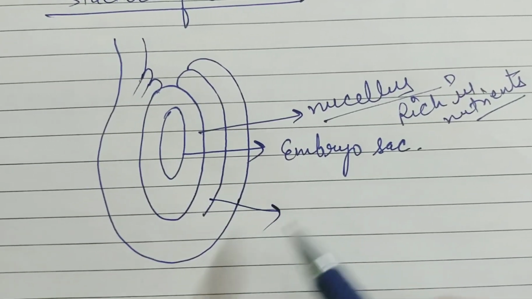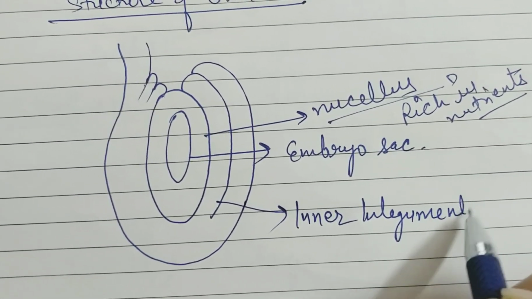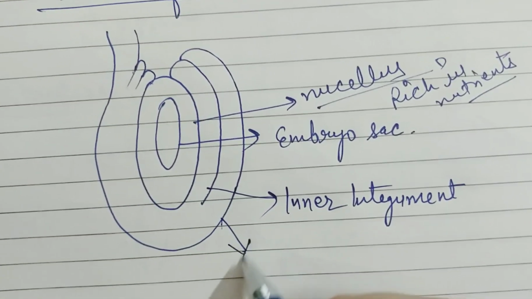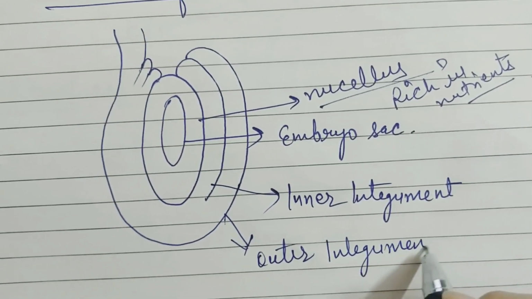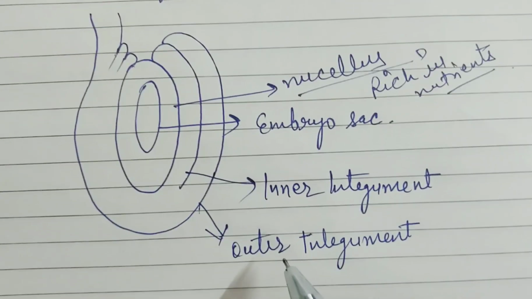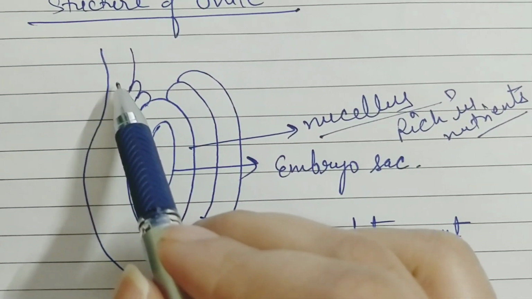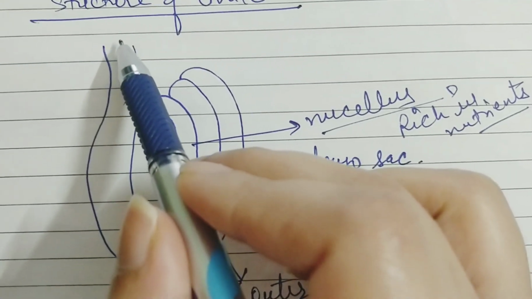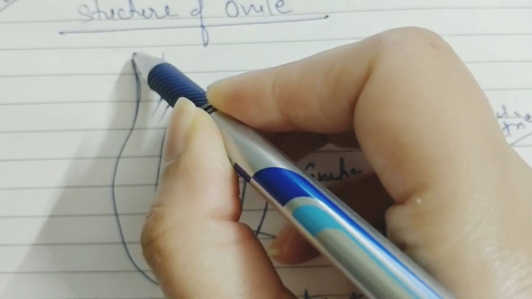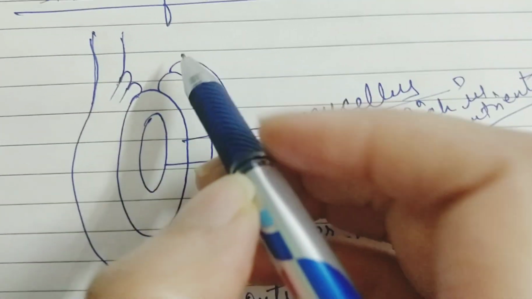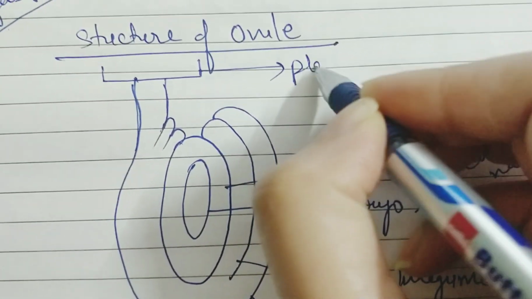This one is the inner integument, and this one is the outer integument. And from the outer integument a stalk arises and connects directly to the placenta.